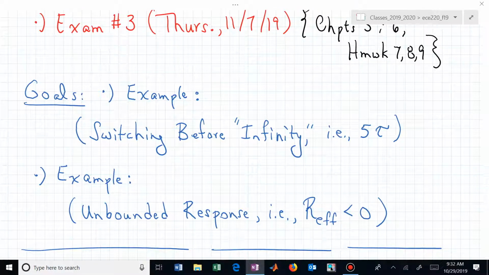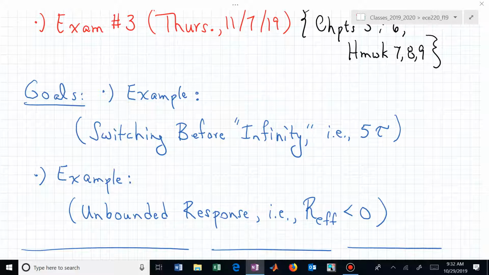We want to go through a couple of examples today, as I previewed before. One is relative to switching. Last time we did introduce switches, but we actually allowed our exponential response to reach its final state. Today we want to switch before we get to infinity, and here infinity in quotes is 5 time constants.